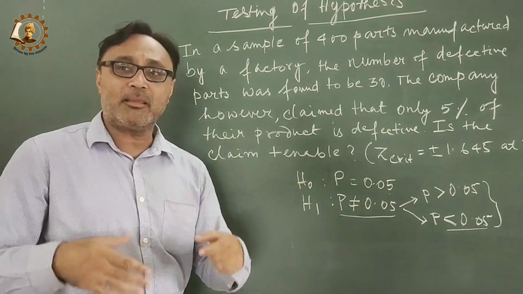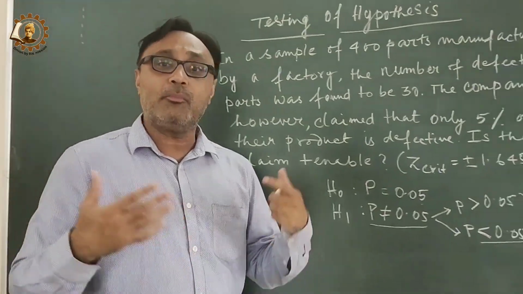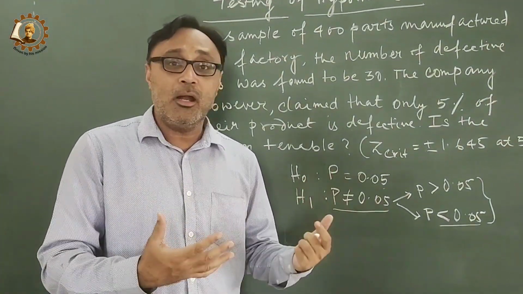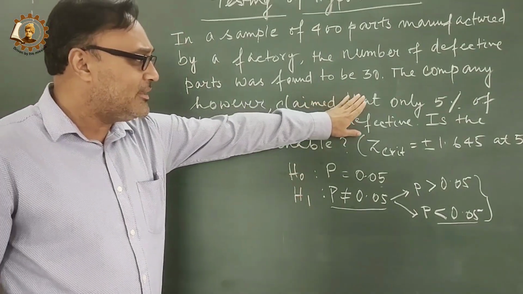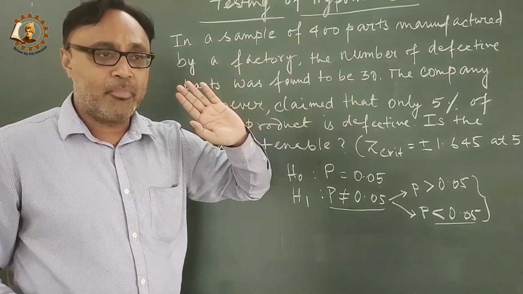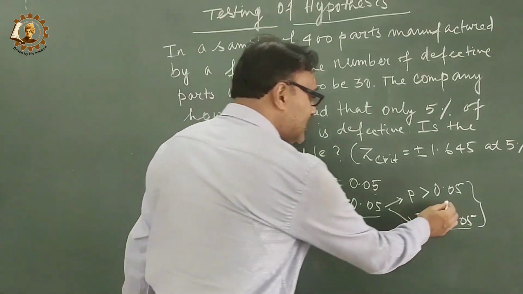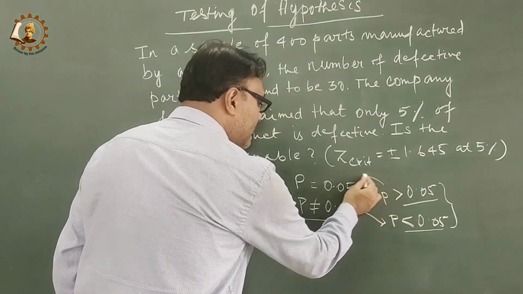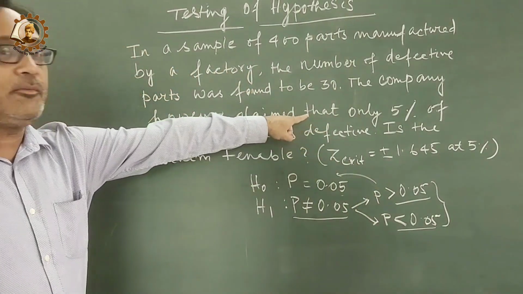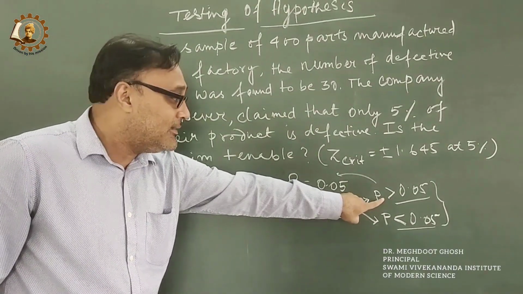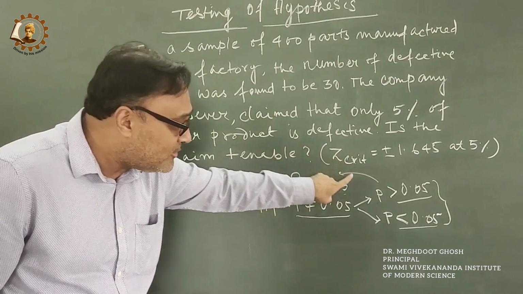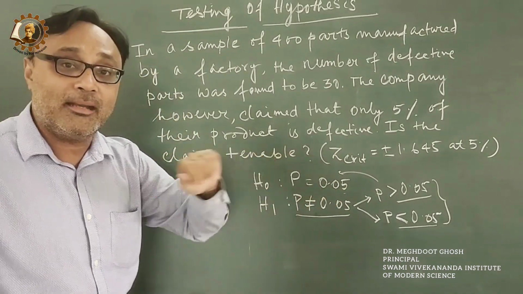I am saying that 5% of my total product may be defective and it is coming out less than 5%. So definitely I will not say anything to this person, right? But if it is greater than 0.05, then definitely we are going to contradict what this person is saying, right? So if it is greater than 0.05, then only we can say that this statement is actually getting contradicted.